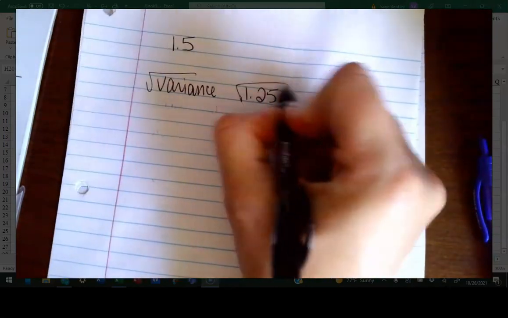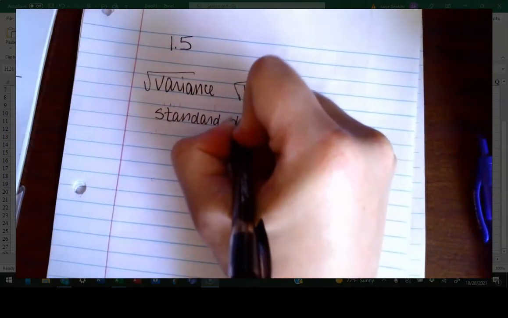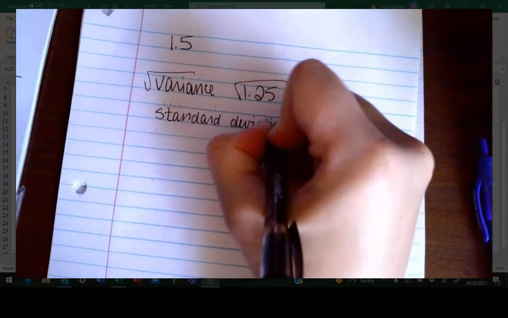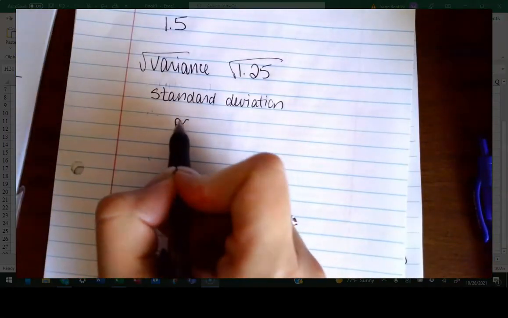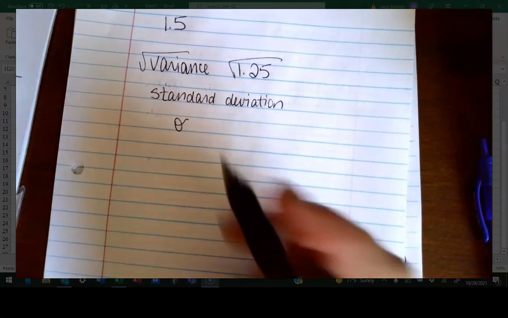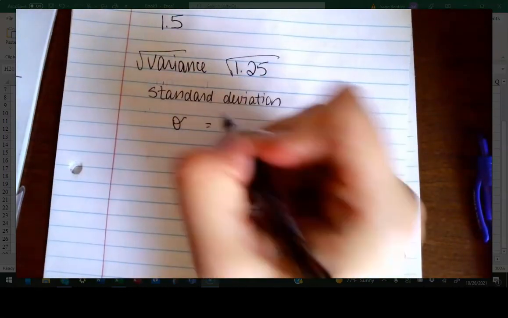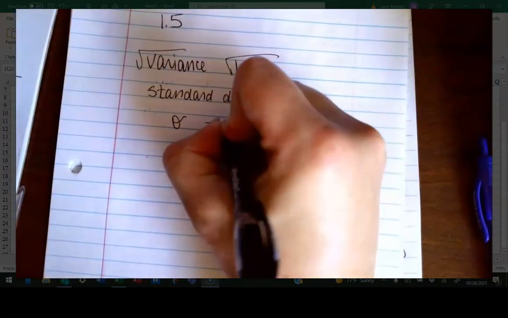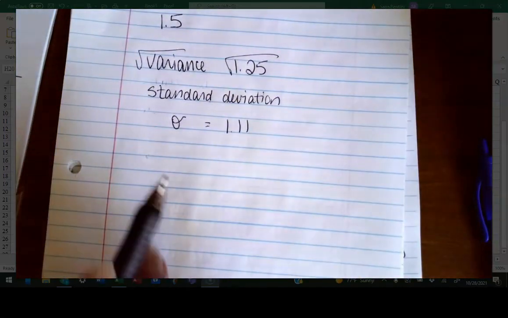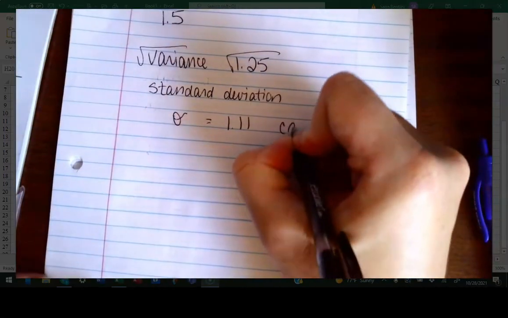But when I took the square root of that, I found out that my standard deviation, which we are now going to reference as a lowercase sigma, was 1.11. My standard deviation was 1.11 cars.